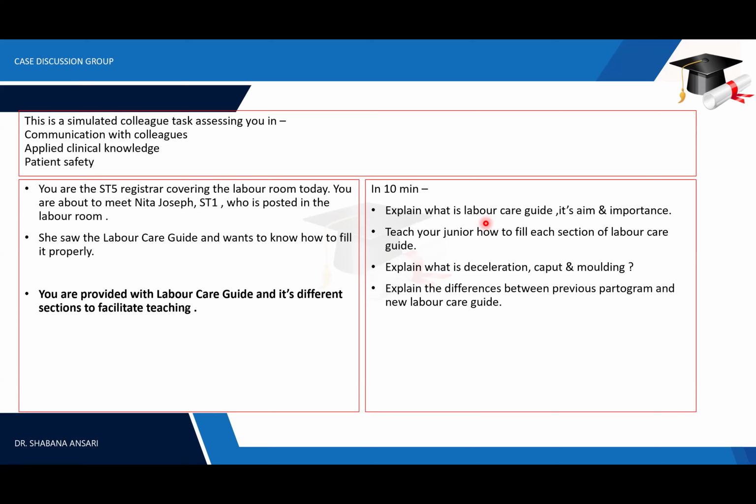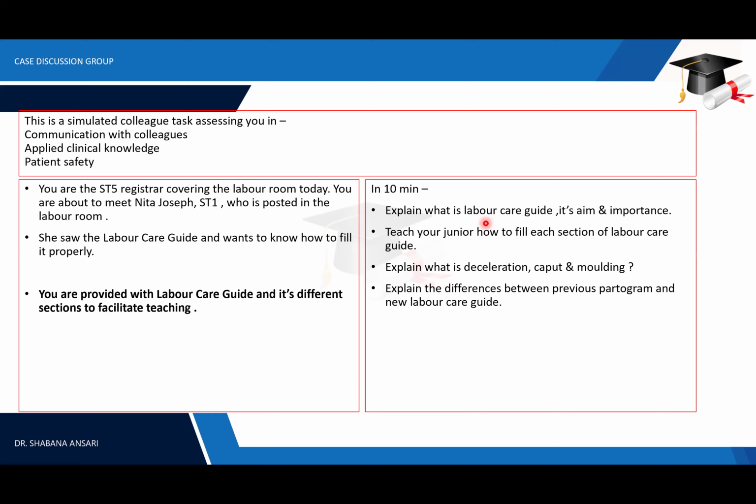Basically, the labor care guide is just the representation of every event of labor on a single sheet of paper.